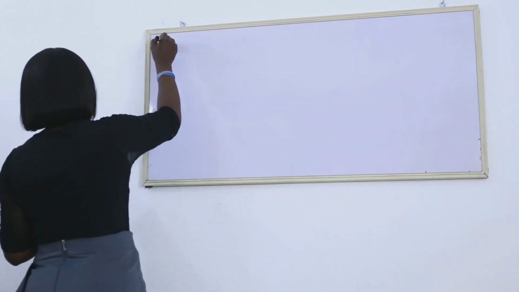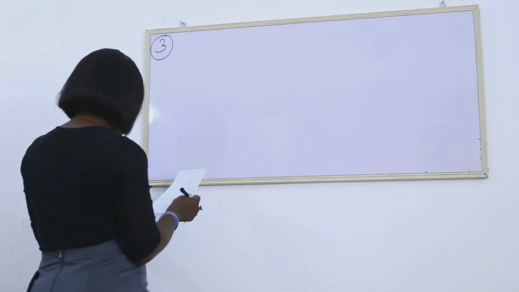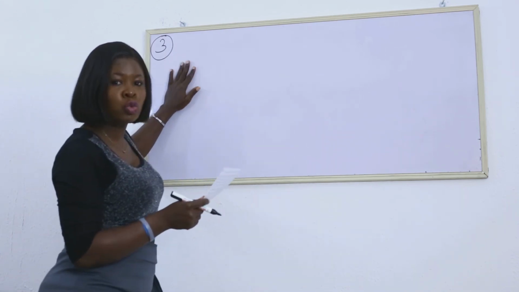Don't forget, this is table 3. Every table must be given a table number. Then also every table must be given a suitable title.